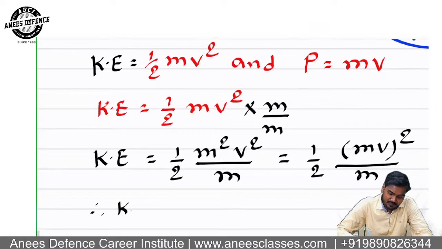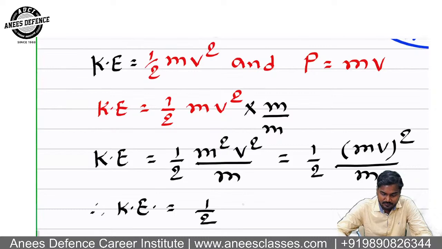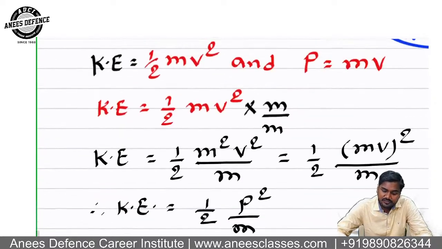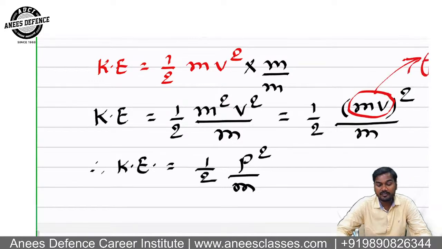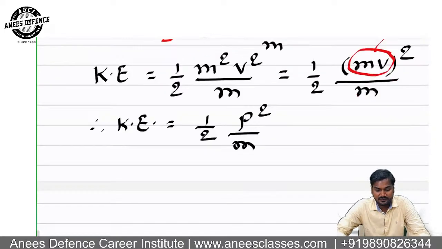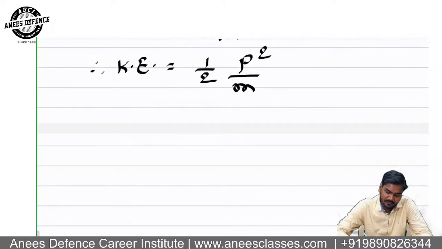Hence kinetic energy is equal to half p square upon m. Why p square? Because mv is nothing but linear momentum p. So you can write kinetic energy is equal to half p square by m. So you are getting two formulas.